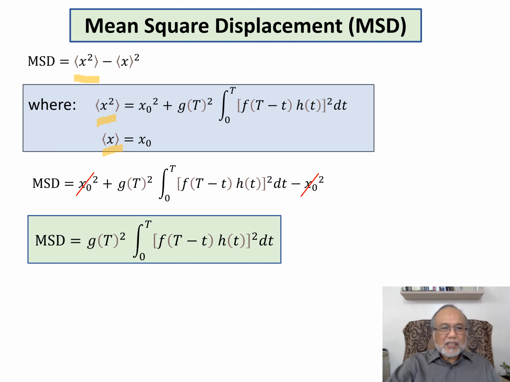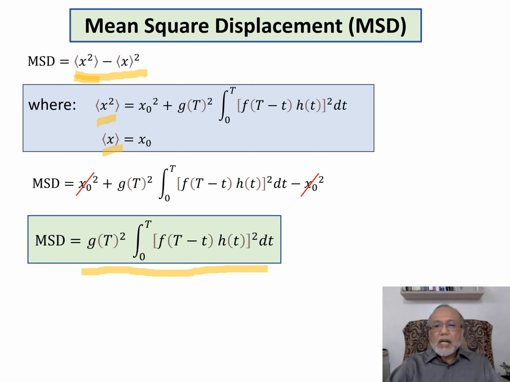So you plug in these two expressions in here, and you will see that the x naught cancels with this x naught, and we are left with a mean square displacement which is just given by these functions g, f, and h, which at this level, and even at the level of the PDF, we have not yet specified. And as I have mentioned, the specification of functions g, f, and h would depend on the physical system that you are investigating.